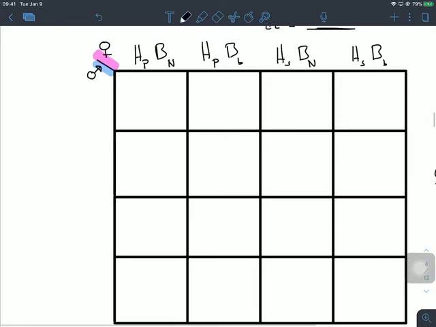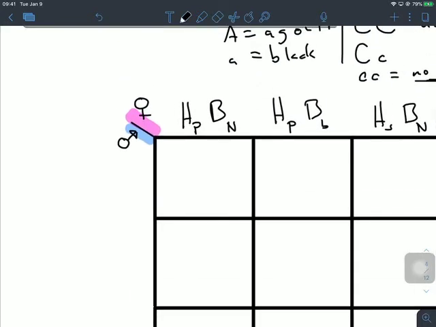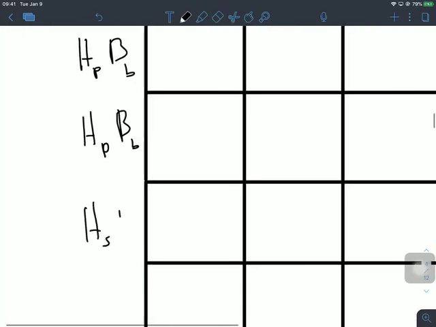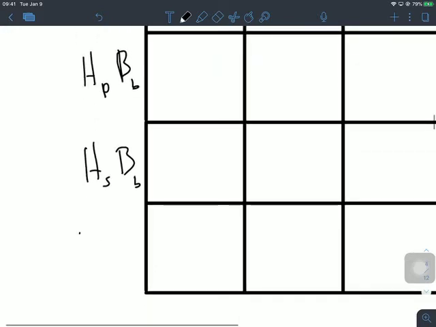So actually, let's just draw this out so that way we can see. The purple with the bald, the purple with the other bald, the silver with the bald, and the silver with the bald.